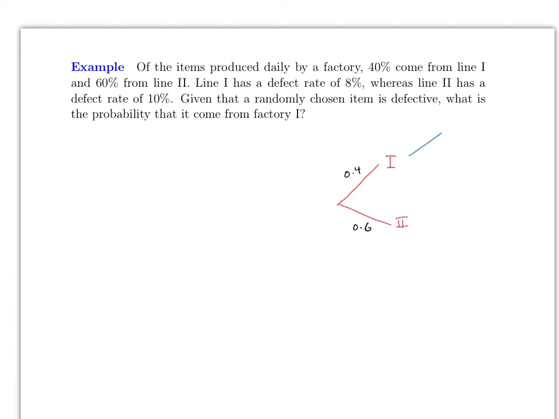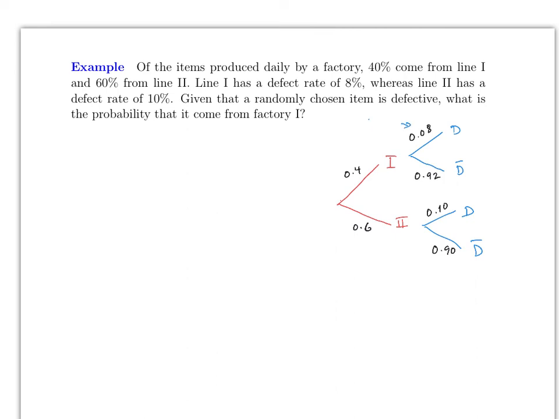Now, if the item came from factory 1, it could be defective or it could be non-defective. The probability that it is defective is 0.08, which means the probability that it is non-defective is 0.92. This was 0.10 and this was 0.90. Okay, so don't forget what this actually means.